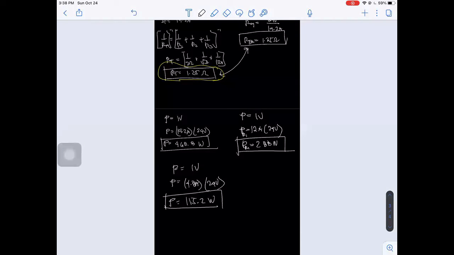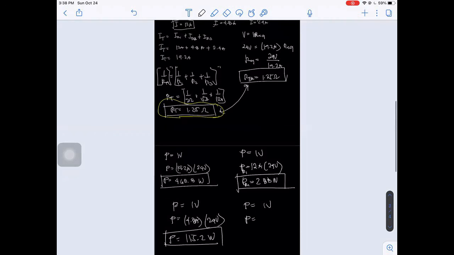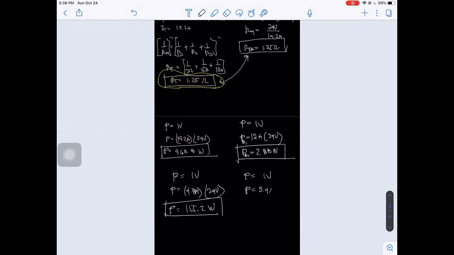For the last one, we have still P equals IV. So the current across resistor 3 is 2.4 ampere times 24 volts. So we have 57.6 watts.